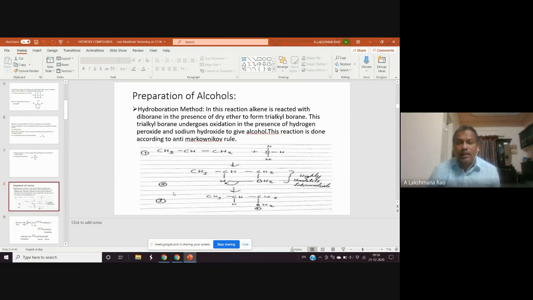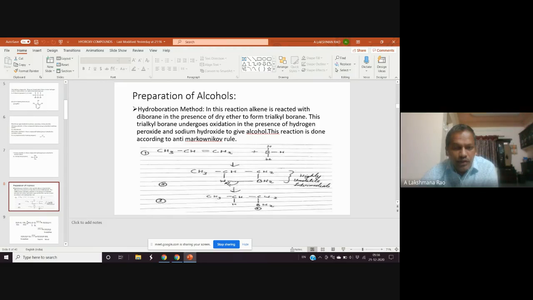So when diborane is reacted with alkene, we will get trialkyl borane. In this example, this is propene. This propene is reacted with BH3 and this BH3 is added to propene.